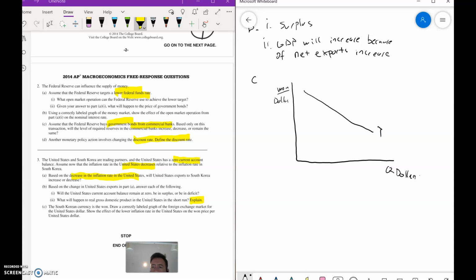You would have had the demand for the supply of. You would have had the demand for dollars increasing. And there you go. Again, you're not going to have that on the test, but it's there for you.